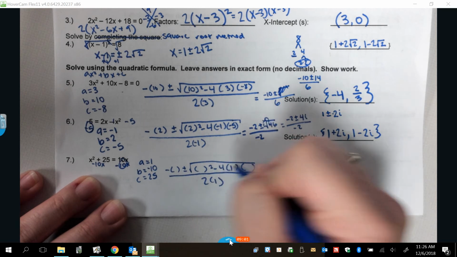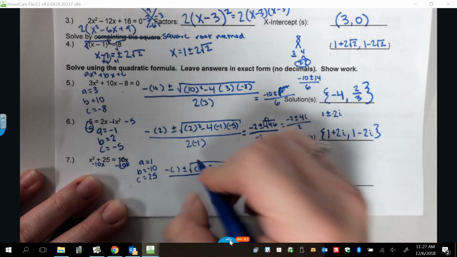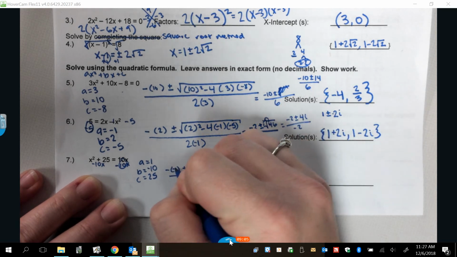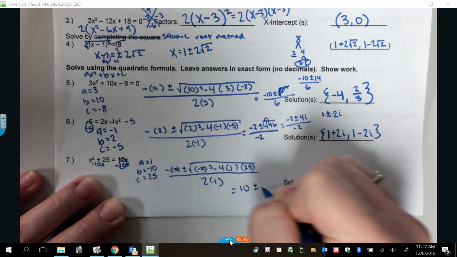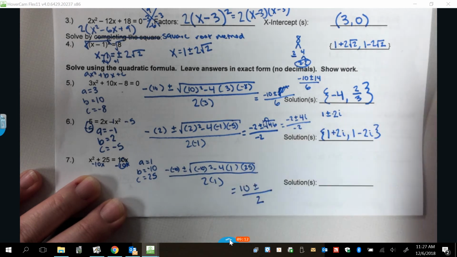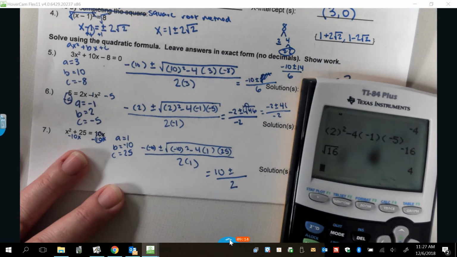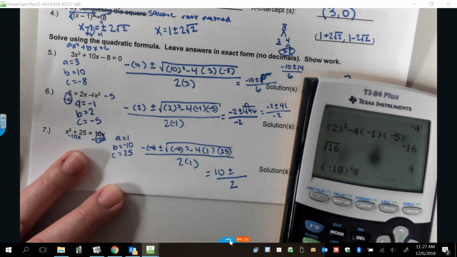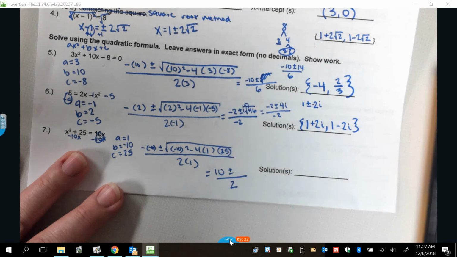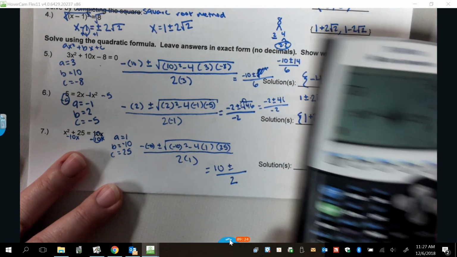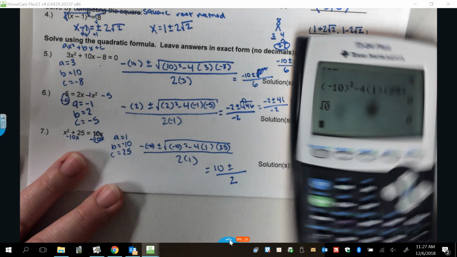So 1, 1, c is 25, b is negative 10. So 2 negatives makes a positive. 2 times 1 is 2. Let's find out what's in the house. And that gives me 0. So guess what? It goes away, because the square root of 0 is 0.